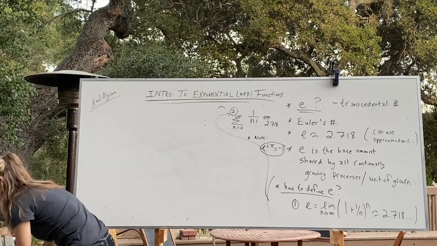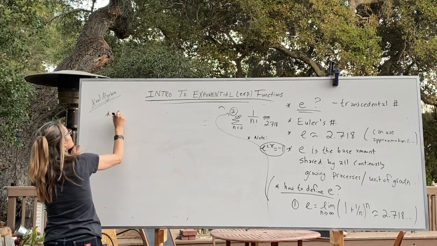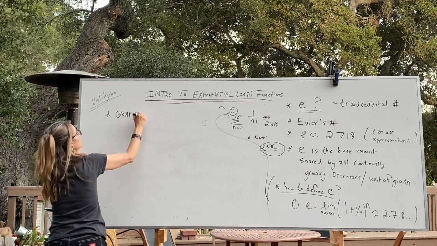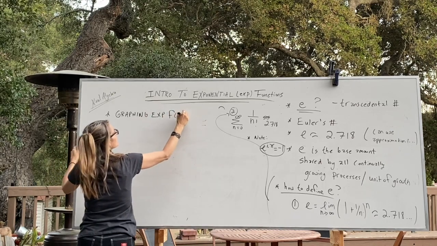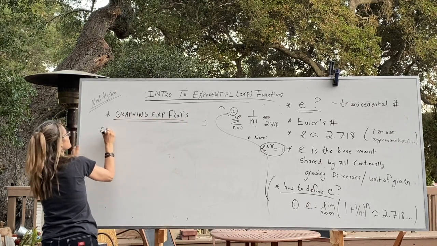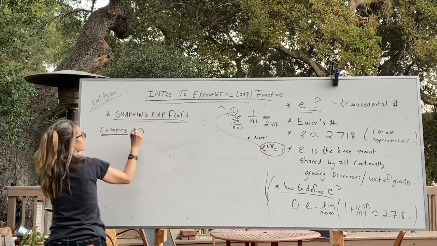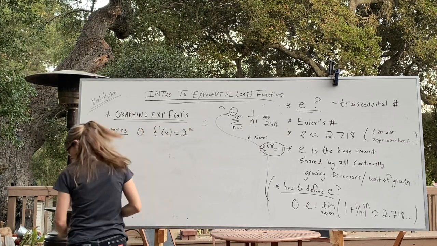Okay, so here's some examples. Let's take a look at some graphs. And let's start with number 1. f of x equals 2 to the x.